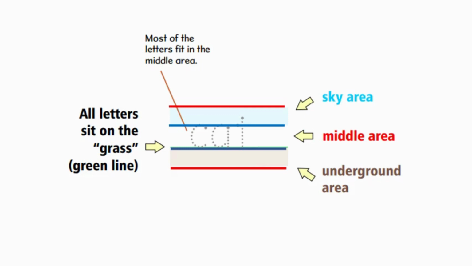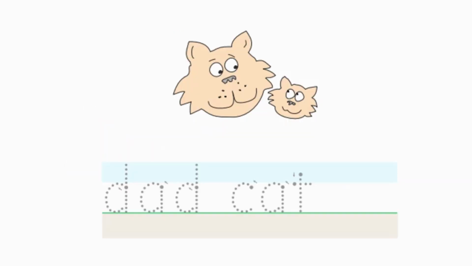So we will be writing the word cat. Before writing cat, can you see here? There are two cats. One is a dad cat and the other is a little cat. So I'm saying dad cat. Can you hear?